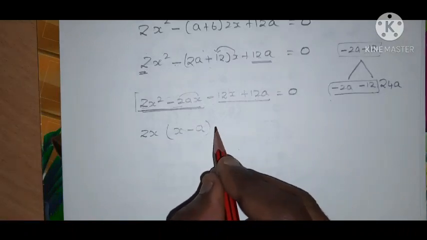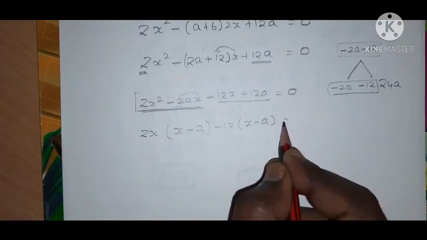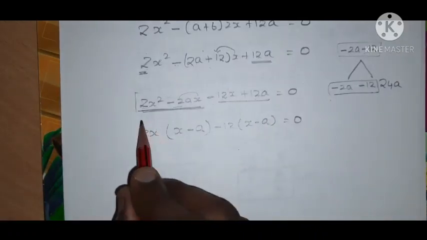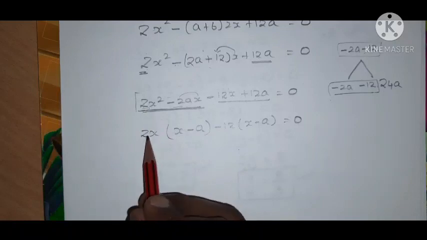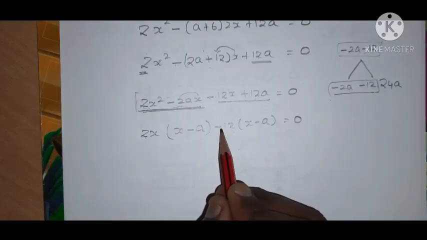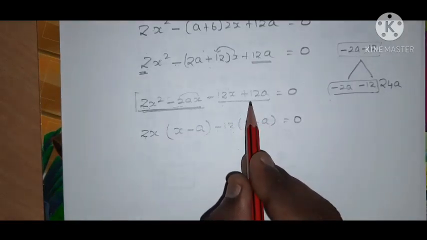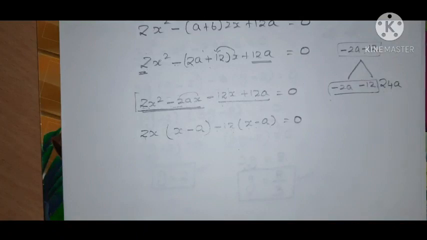I'm taking minus 12 outside, so x minus a remains. So 2x into x is 2x squared, 2x into minus a is minus 2ax. Minus 12 into x is minus 12x, and minus 12 into minus a is plus 12a. You got it, right?